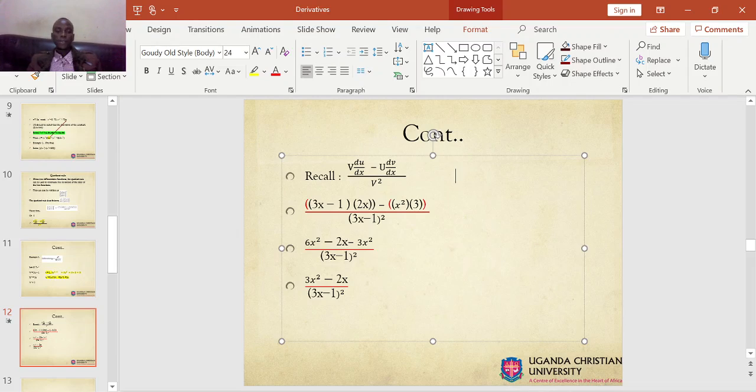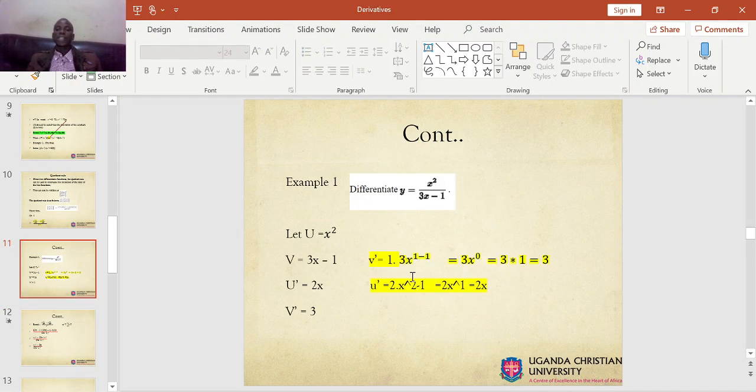Recall, the derivative of u, which is the same as du dx, is equivalent to the answer we got.